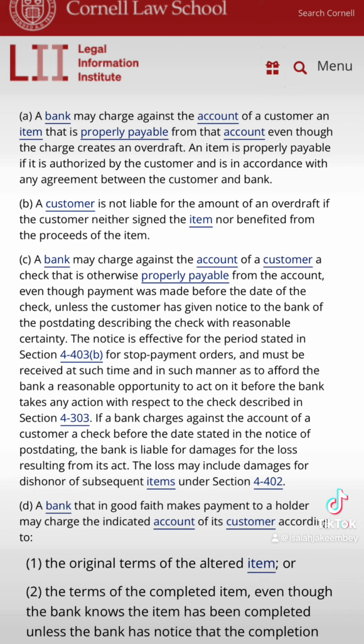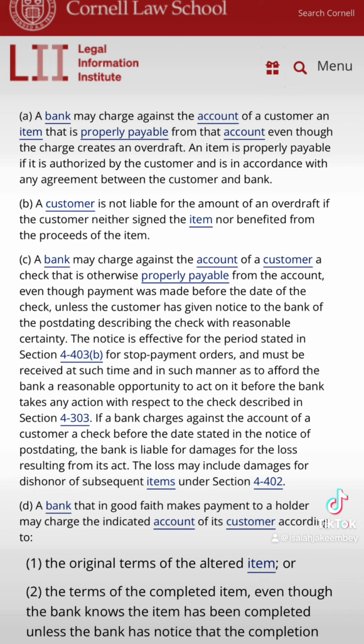An item is properly payable if it is authorized by the customer and it is in accordance with the agreement between the customer and the bank, right? So the bank is obligated to pay any item, right, that it receives from one of its customers as long as the item is properly payable by that customer.